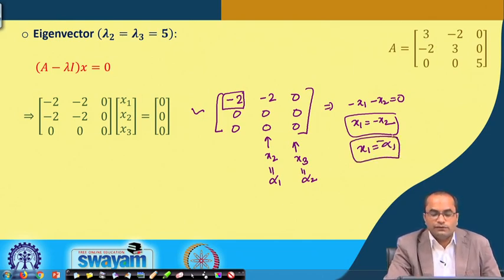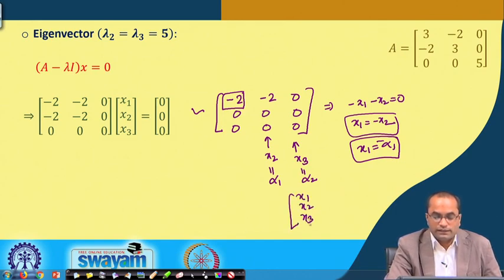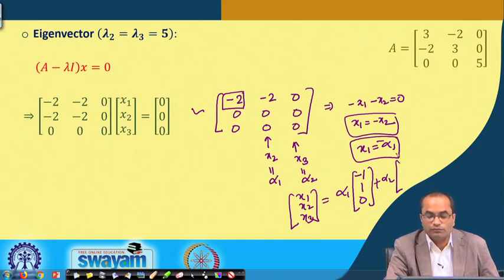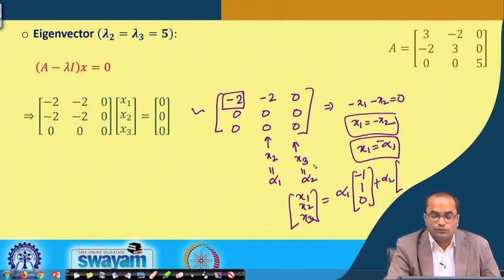So, we have now the vector x1, x2 and x3 with alpha 1 and alpha 2. With alpha 1, in x1 we have minus 1, in x2 also we have a component, and this is 0 with alpha 2. In the x1 component there is no alpha 2, in x2 also there is no alpha 2, and here we have this 1.